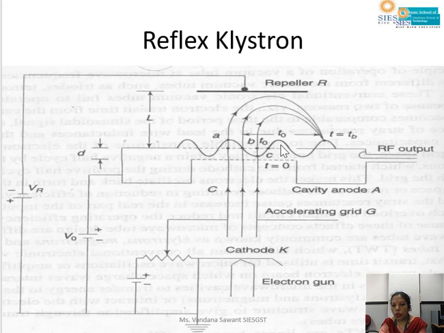So this AC voltage will catch this lost kinetic energy, and the strength of this AC voltage goes on increasing. As more and more electron bunches come to the cavity, more and more energy will be caught by this AC voltage, and the strength of the AC signal goes on increasing.